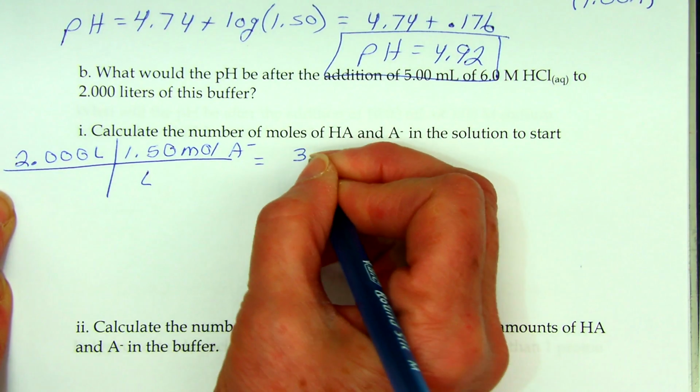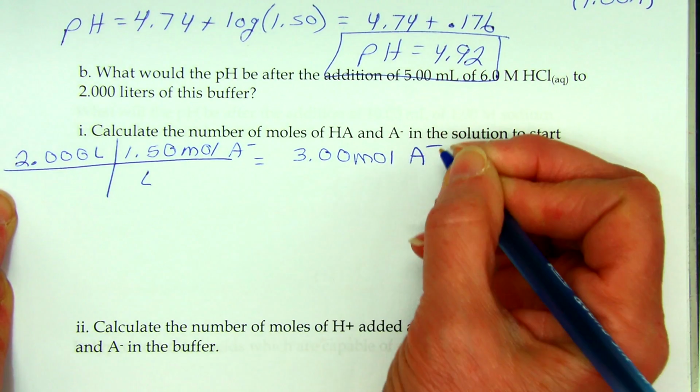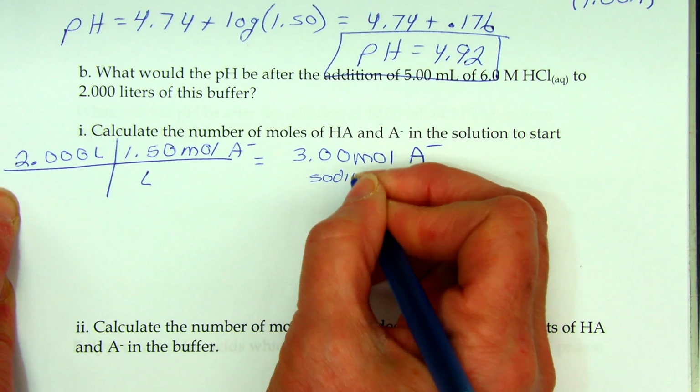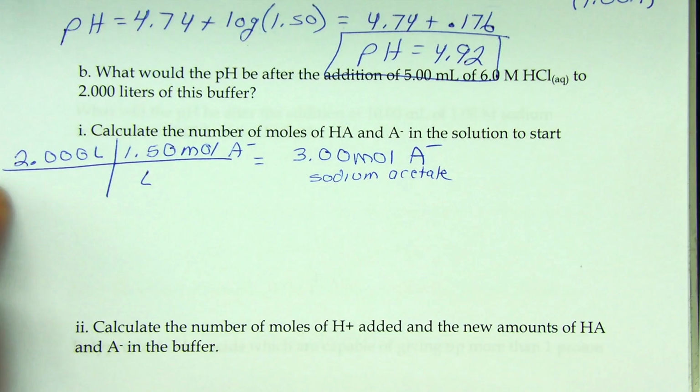So I have 3.00 moles of my A-. And my A- is from the salt, the sodium acetate. We're just using A- as a shortcut, right?